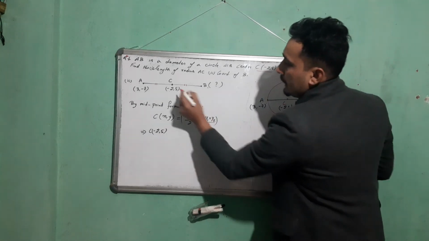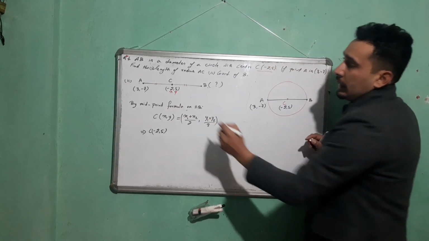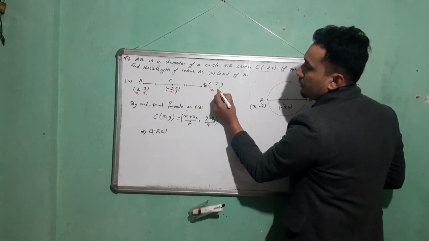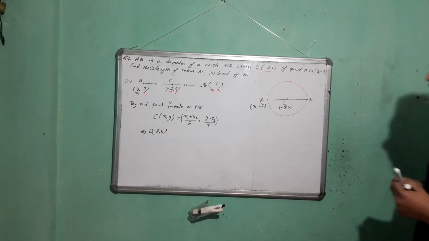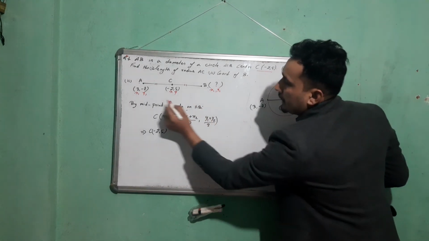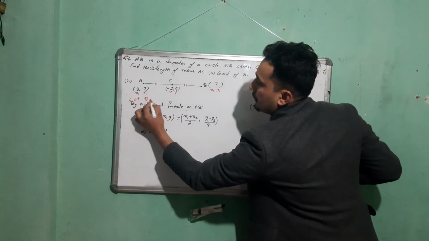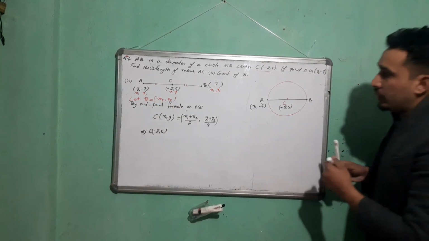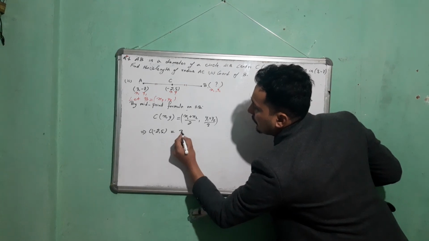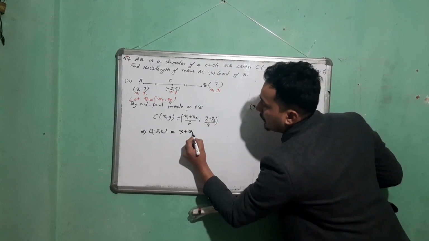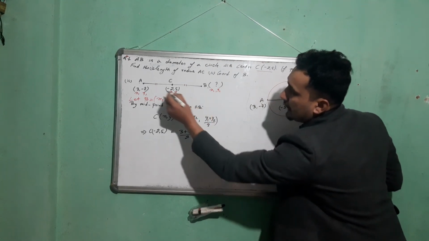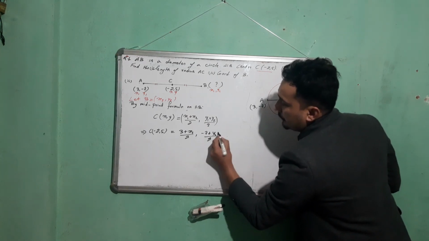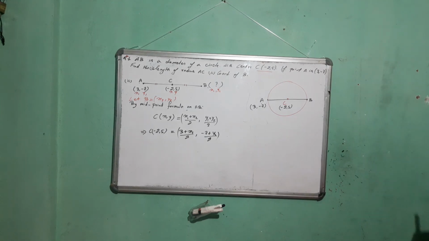A is x1, y1, and B is unknown. You can take x2 comma y2. So let B equal x2 comma y2, equals x1 is 3 plus x2 is unknown divided by 2 comma y1 is minus 7 plus y2 is unknown divided by 2.